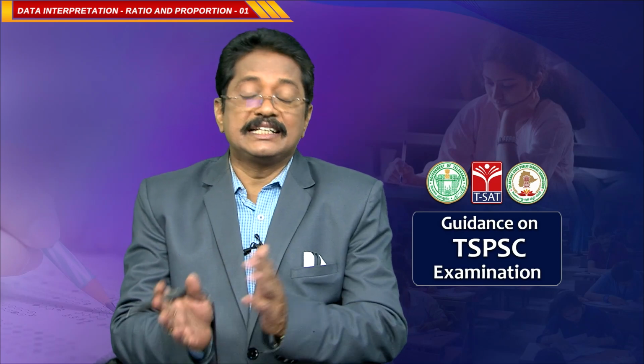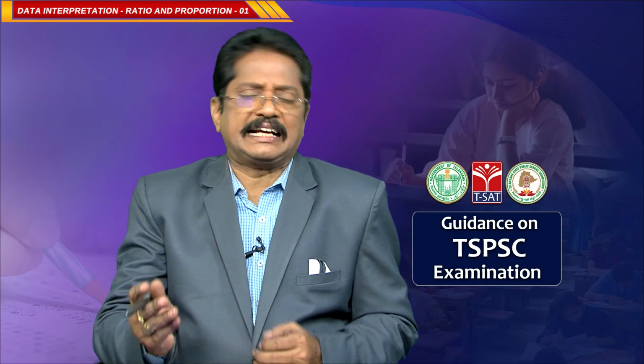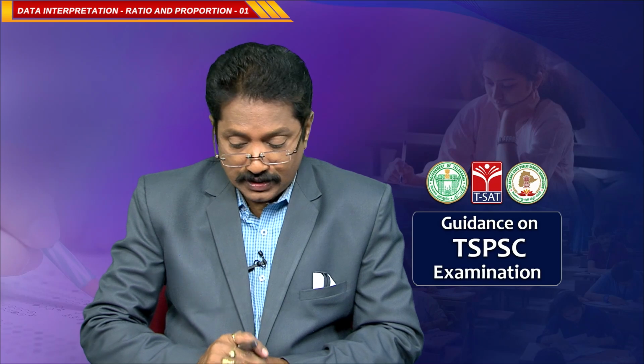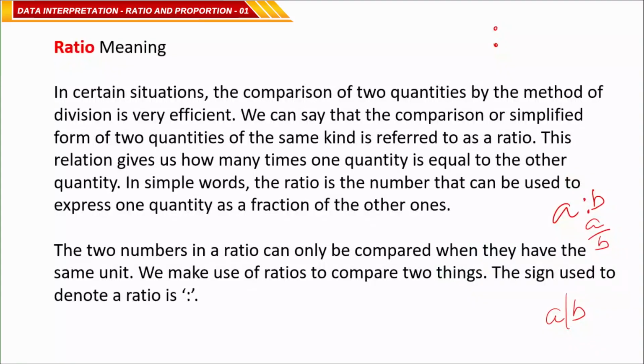Compare Fahrenheit to degree Celsius and degree Celsius to Fahrenheit; for any concept or quantity, when we compare in the form of division, that is considered a ratio. The ratio is a number that can be used to express one quantity as a fraction of another. Clear?